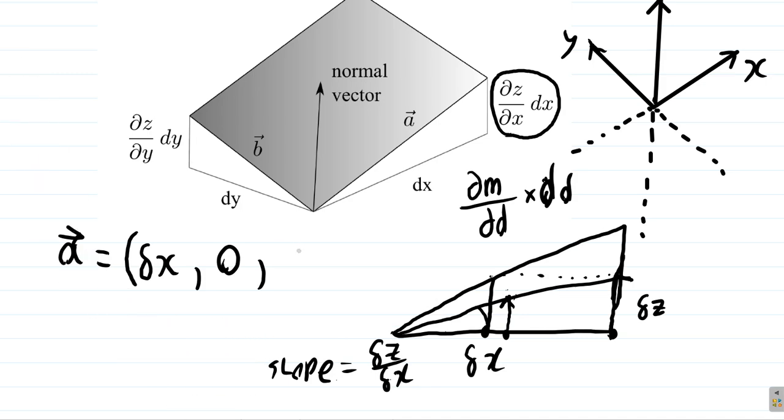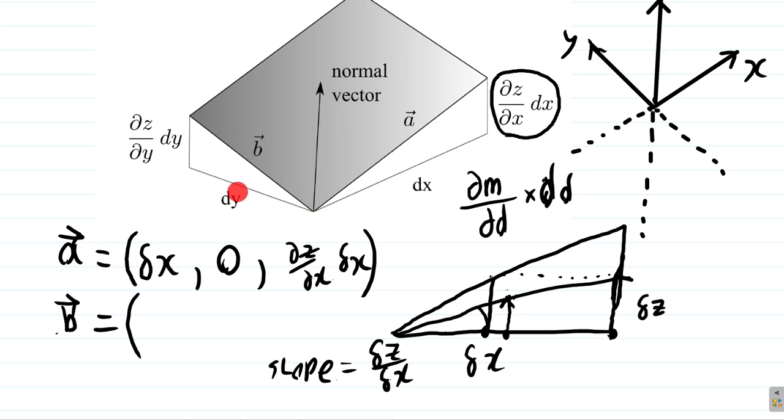Alright, so here, this change in z is delta z by delta x times the change in x. So that's a vector there. Now, a similar argument would hold when it comes to the vector b. We're moving in this direction. Similar to this, the change that produces this change in the vector b would be what?